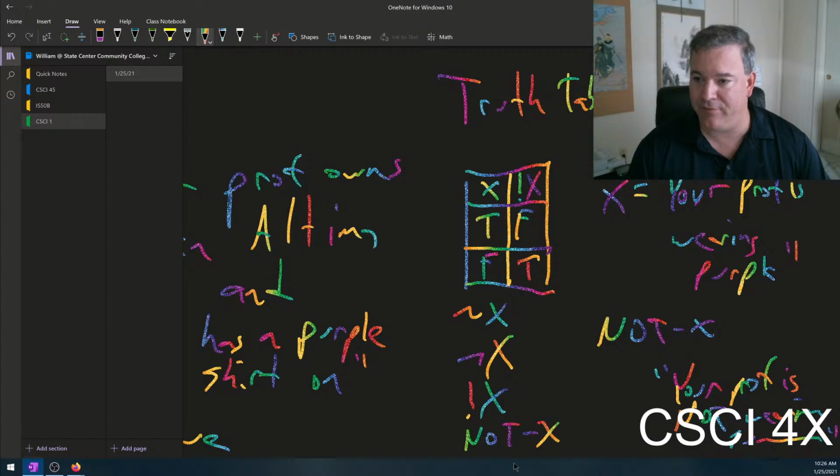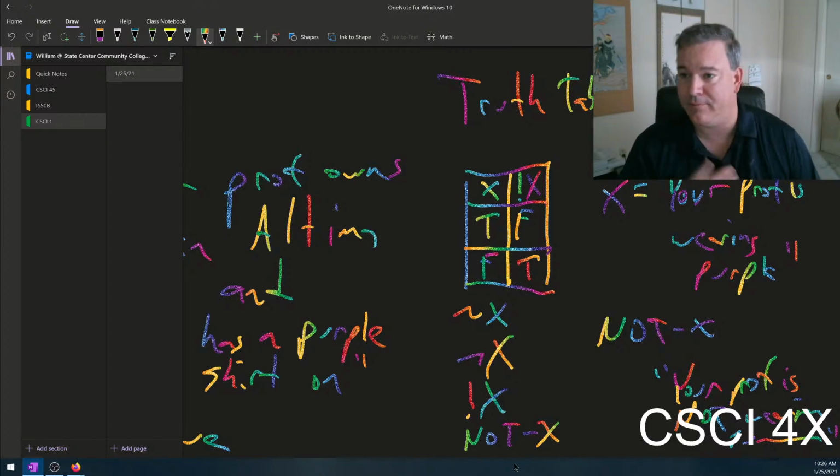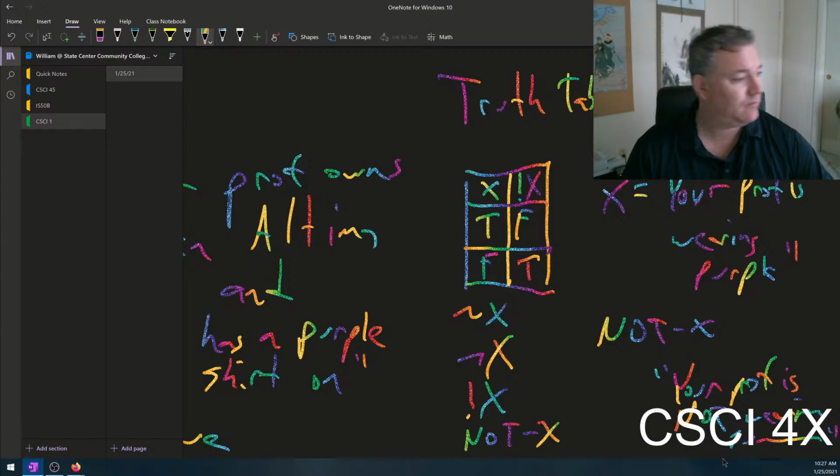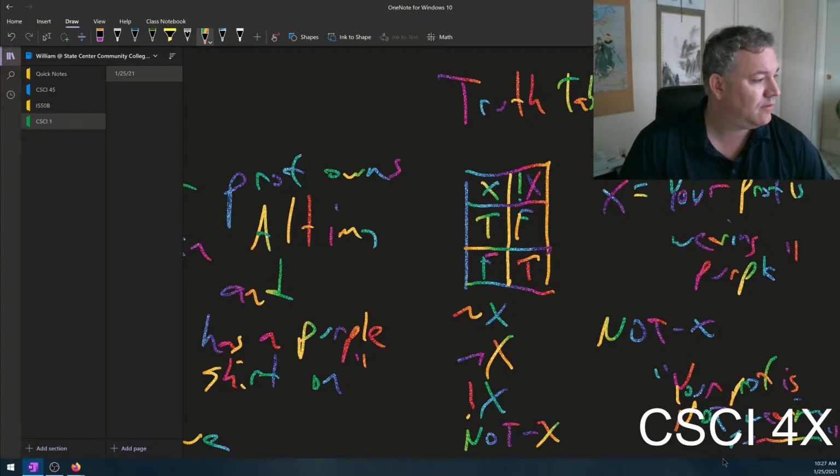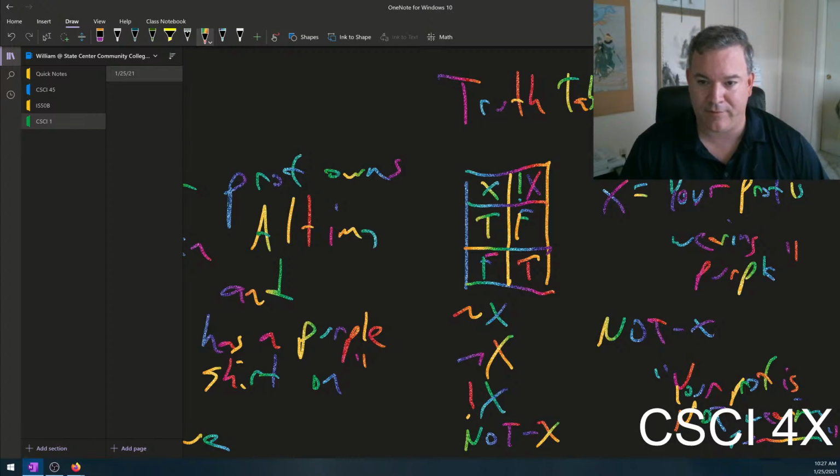So if the truth of your professor is wearing purple is in fact true, then the truth of your professor is not wearing purple is false. You guys with me so far? This is just a little handy, like a flashcard. Normally we don't write down something so simple, but this is the easiest truth table.